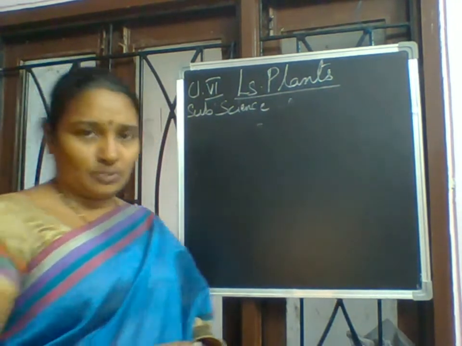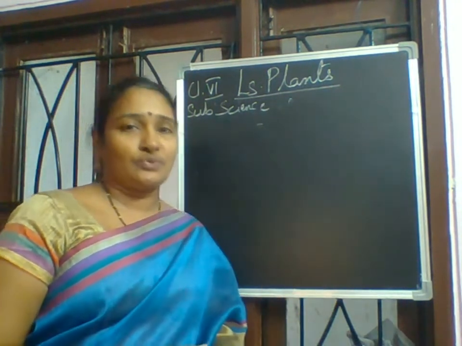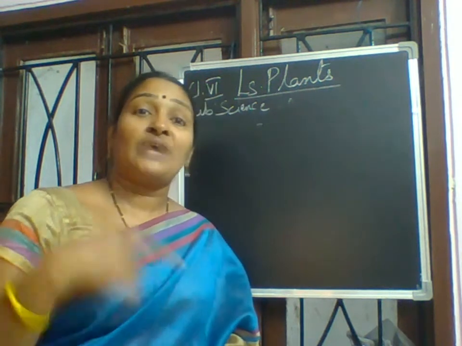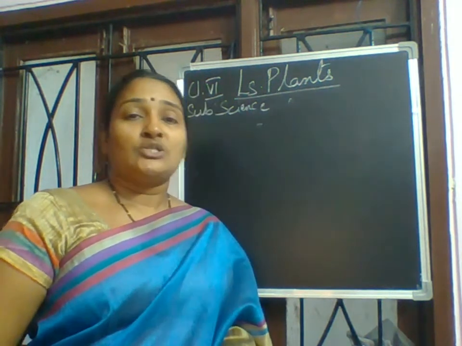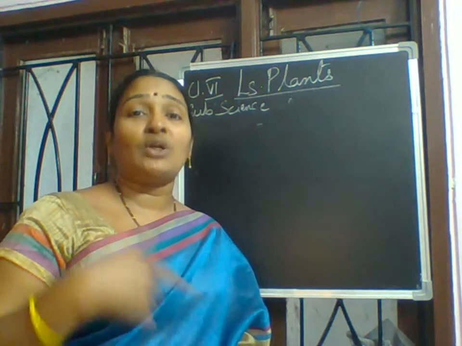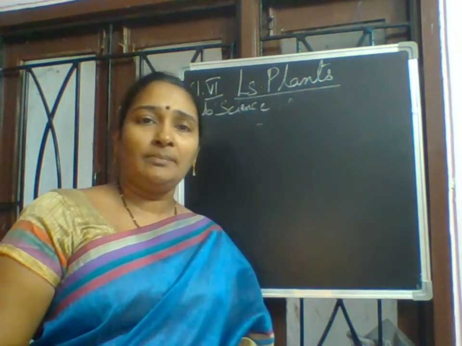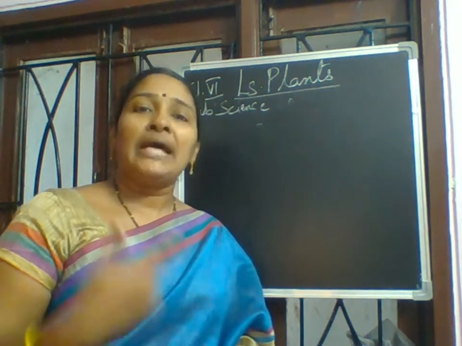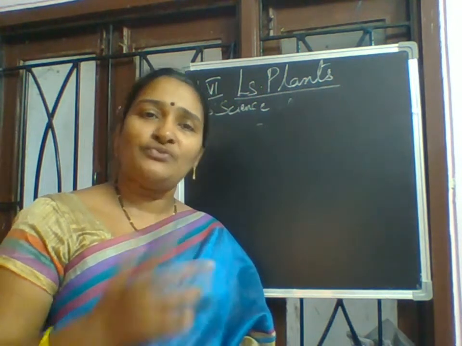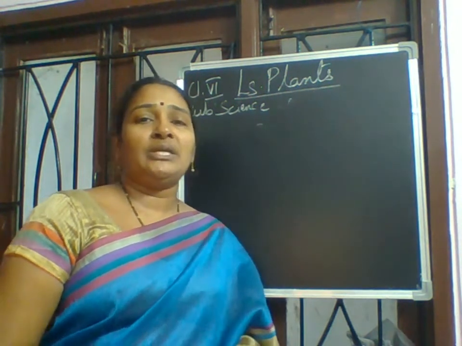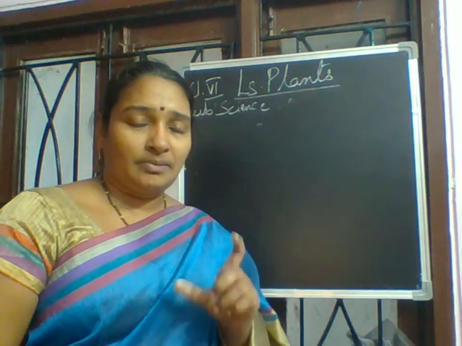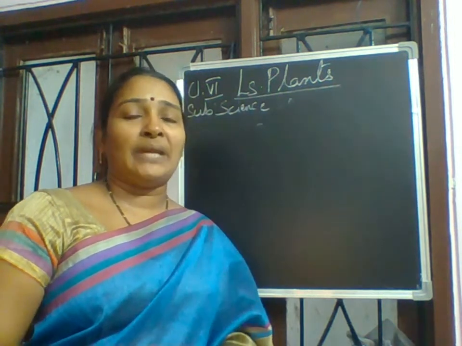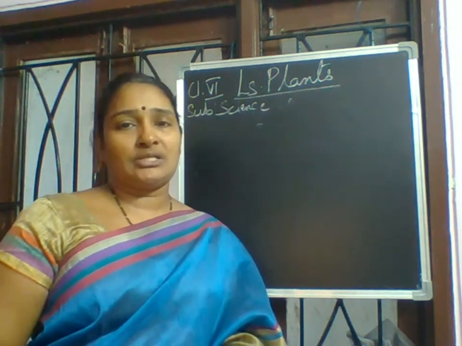After the types of root system, now we will go for the functions of the root. What role do they play in a plant while performing activities? That is the meaning of function. Because of the roots only, the plant is able to stand straight.